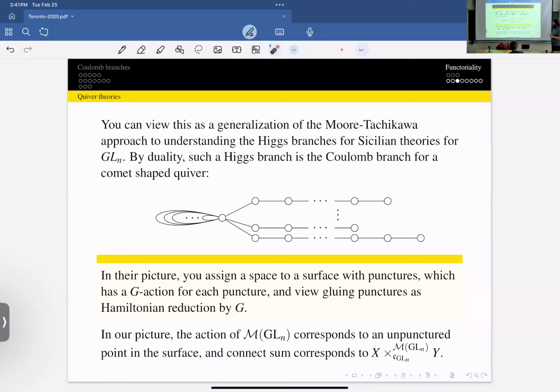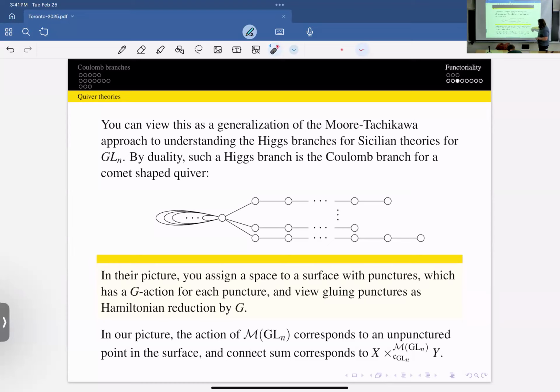If you read the earlier physics papers on this stuff, they'll have two legs on here with corresponding GLN actions, and they'll have those legs annihilate each other and interpret that as a Hamiltonian reduction by GLN. In our picture, instead, you can just glue together two vertices, but that means you have to do this reduction by M of GLN instead of all of GLN.